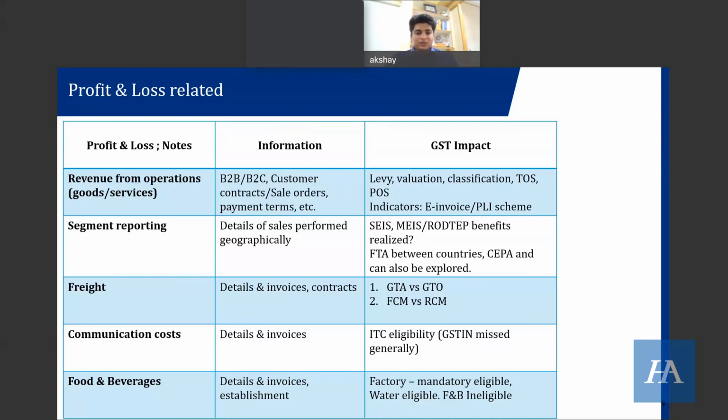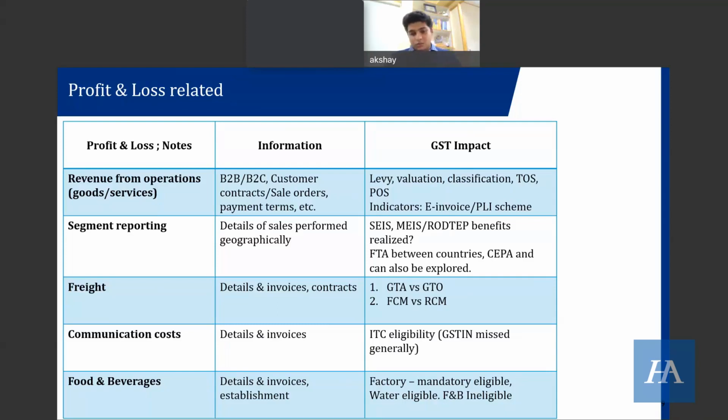Food and beverages, here again, there are various possibilities. First thing is that if there's a canteen in a factory, and based on your state factory rules, it may be mandated that these canteens are provided. Once that is mandated, the credit in relation to the same is eligible, even if it is provided to us at 5%. Next thing is water credit. There are many bottled water. If you see those Bisleri water bottles which come, I think I have one with me here.